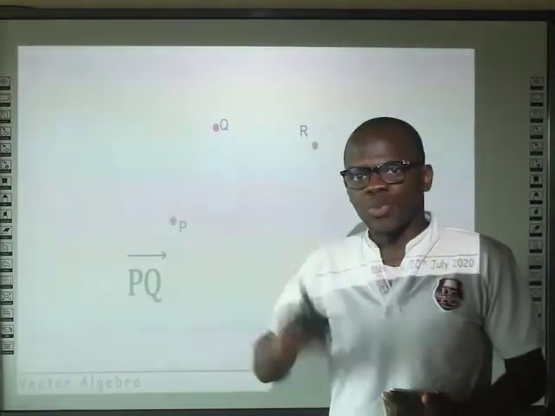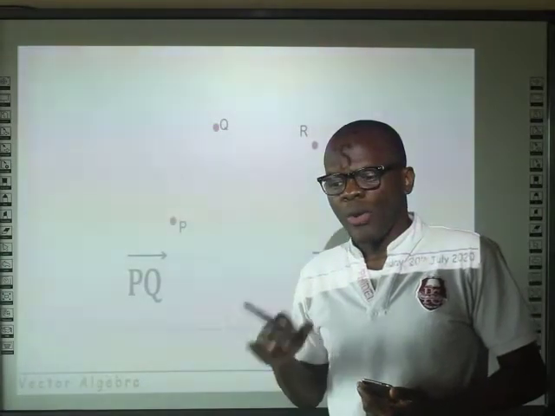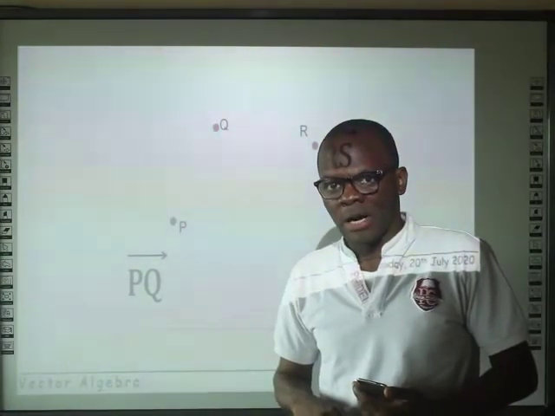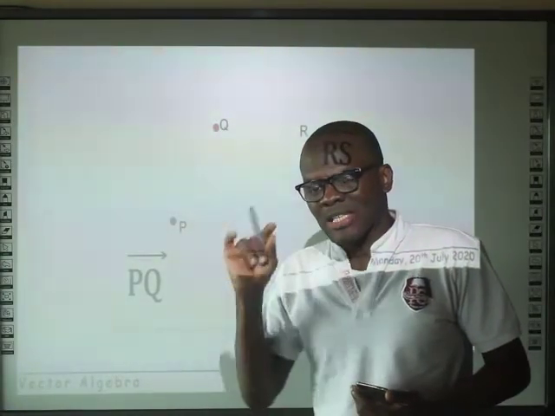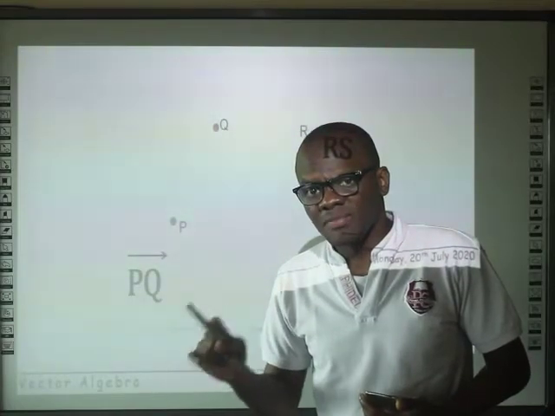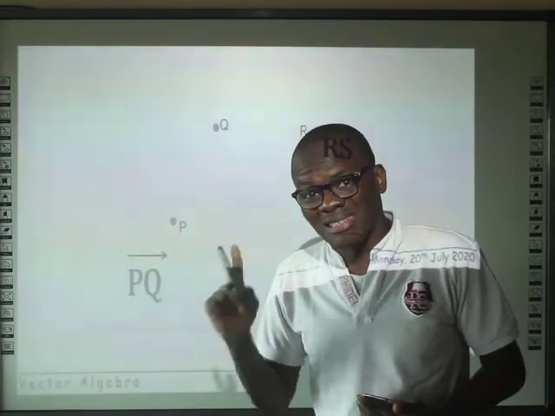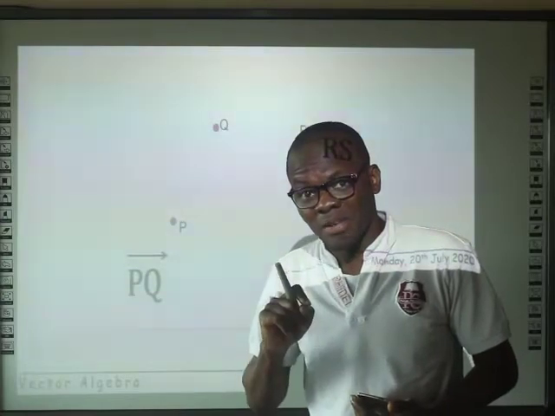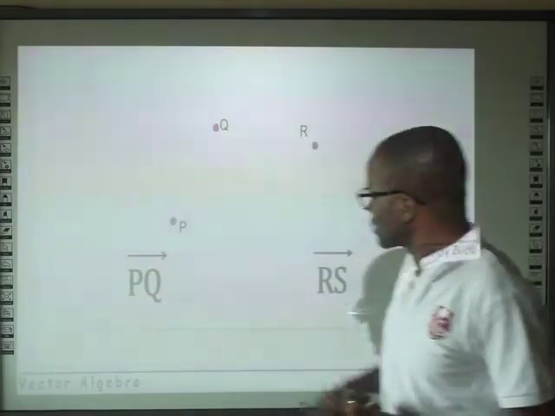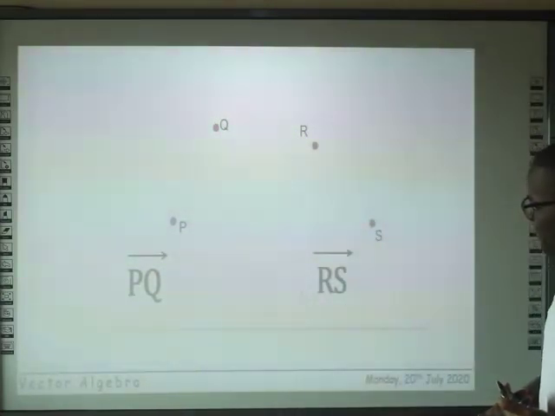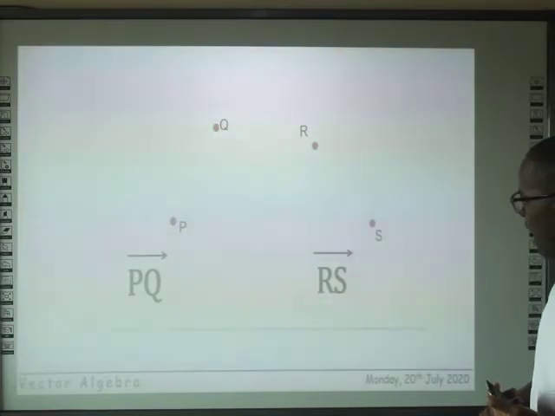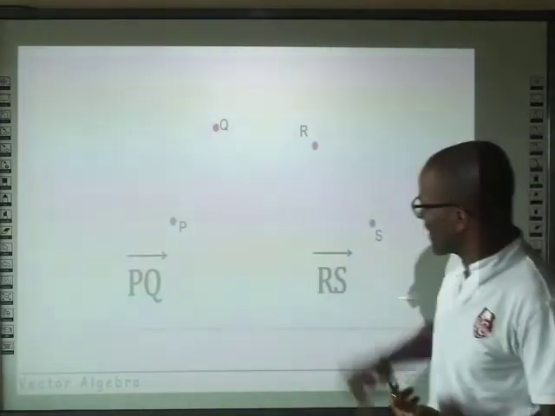Right, following from last week, we looked at how we can represent a vector. And I did mention that as far as vectors are concerned, the direction is the bit that matters the most. Now, look at the projector screen here. We have the vectors PQ and RS. Let's start with vector PQ.